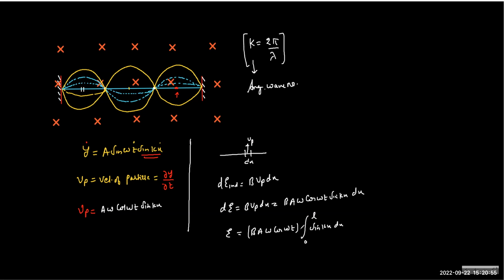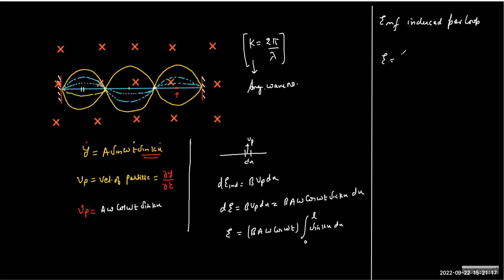So what I'll do is I'll calculate for the one loop. EMF induced per loop. What can we write per loop?